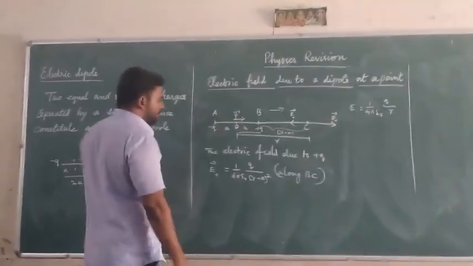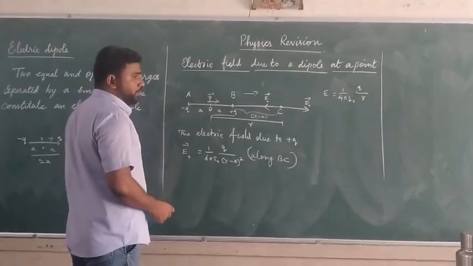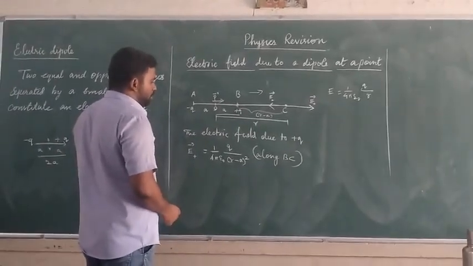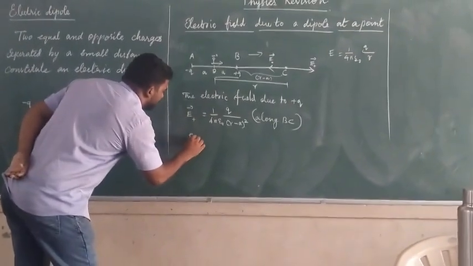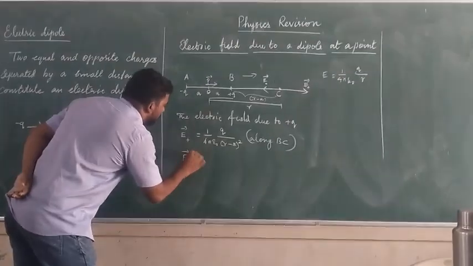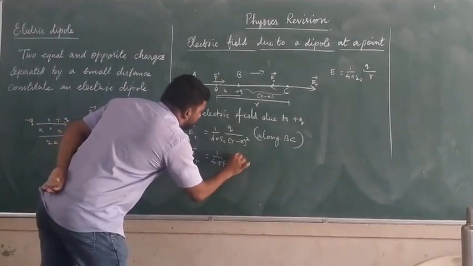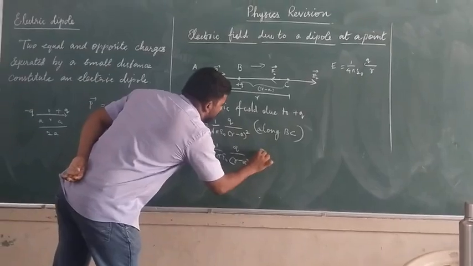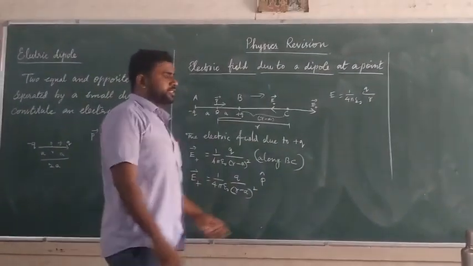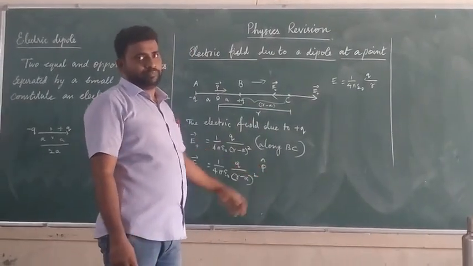Now let us take the electric dipole moment vector. So this equation can be replaced as 1 by 4 pi epsilon naught, 2 q a by (r minus a) the whole square, p cap. Now p vector says the electric dipole moment vector.